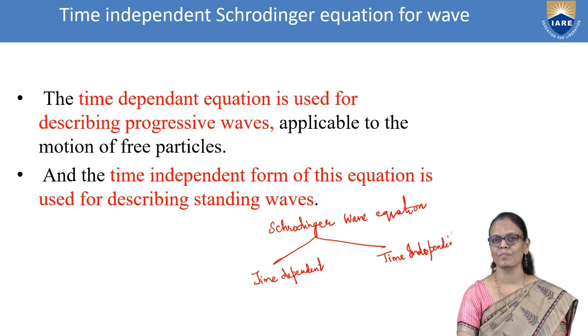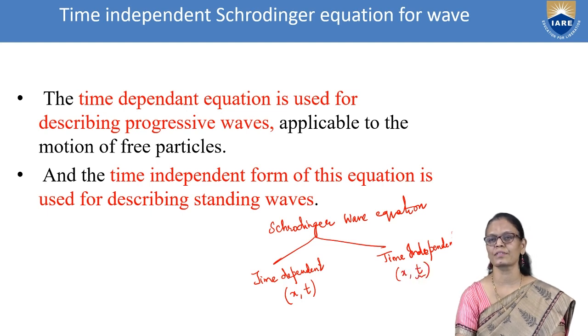So, two forms. Here in time-dependent we will consider it as a function of position as well as time. Here, in the time-independent, when we are talking about t, we will consider it to be a constant. So, that is the time-independent.